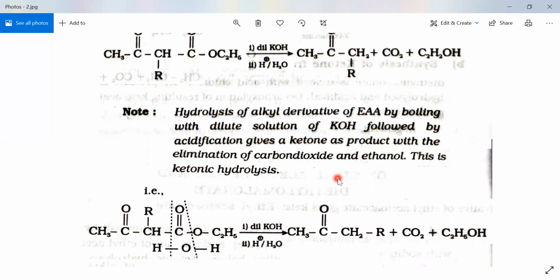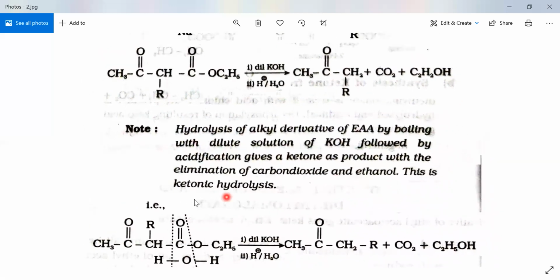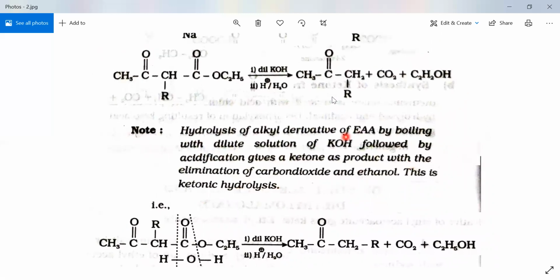Hydrolysis of the alkyl derivative of ethyl acetoacetate by boiling with a dilute solution of potassium hydroxide, followed by acidification, gives the ketone. The ketone product is formed, and it also eliminates carbon dioxide and ethyl alcohol.